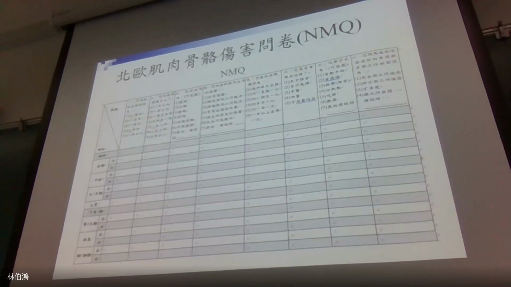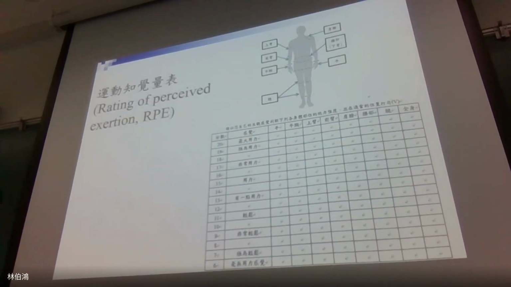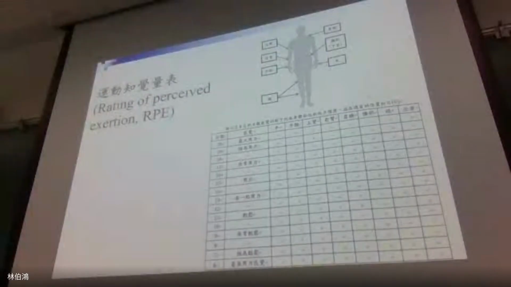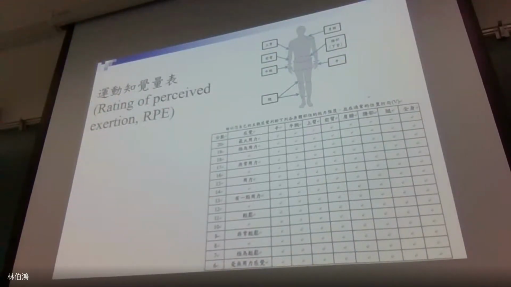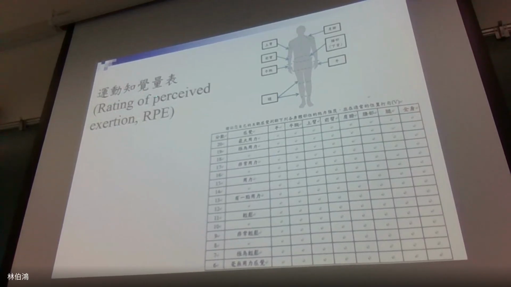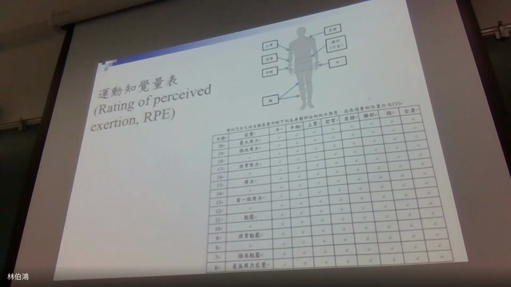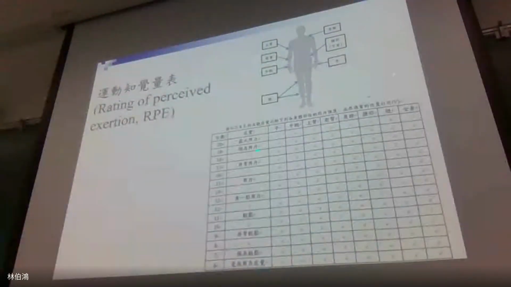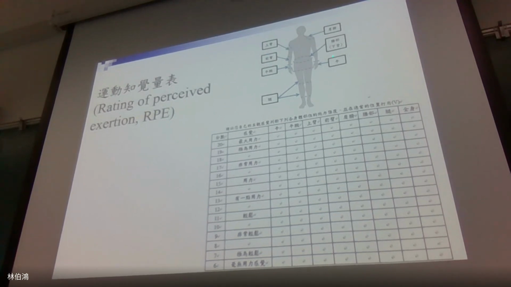So also I will introduce the rating of perceived exertion. That is a subjective questionnaire. So you can also see there are the main body parts like the upper limb, forearm, and also elbow, leg, hand, waist, and shoulder.